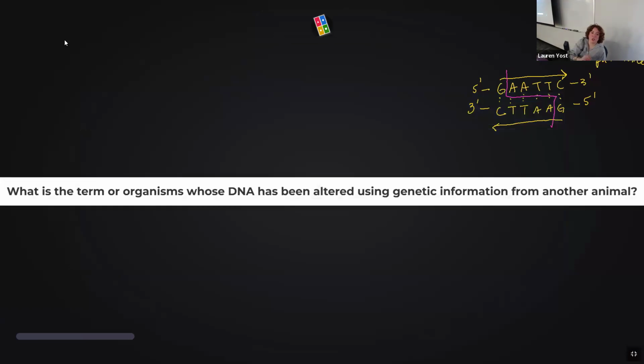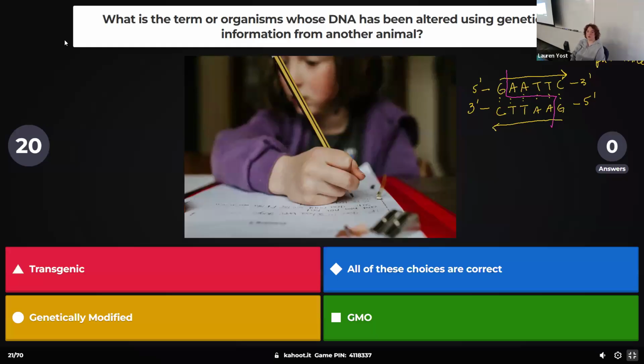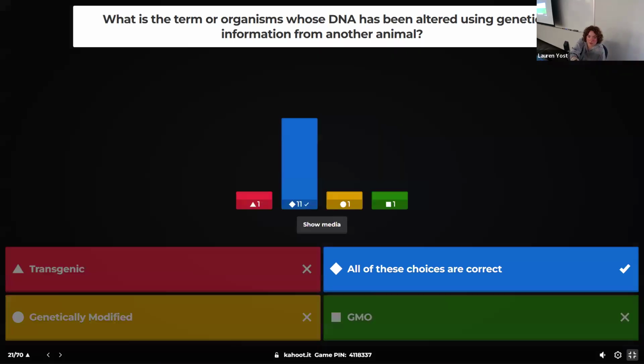All right, what is the term for organisms whose DNA has been altered using genetic information from other animals? This could be even our E. coli that we transformed with our plasmid, with pico plasmid.